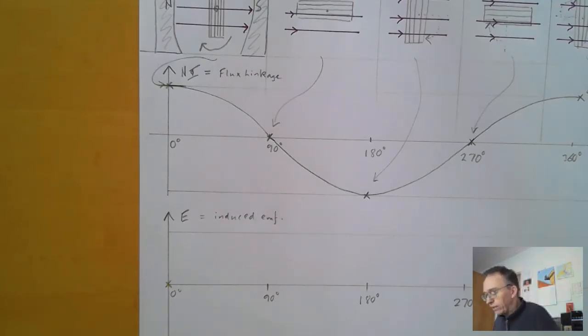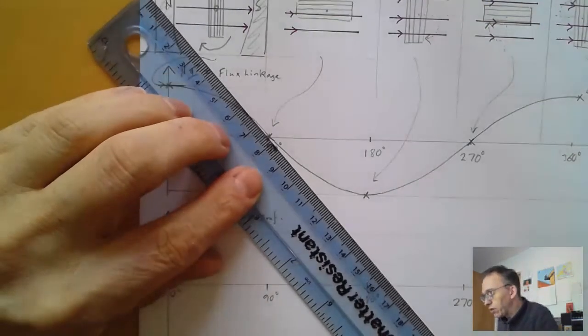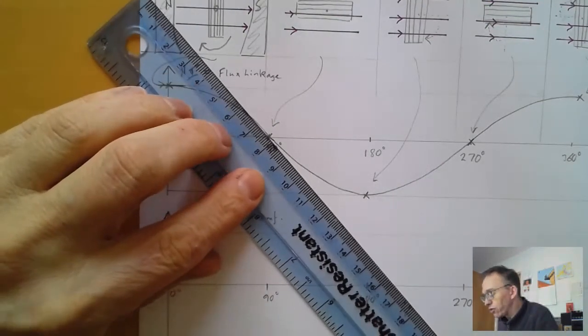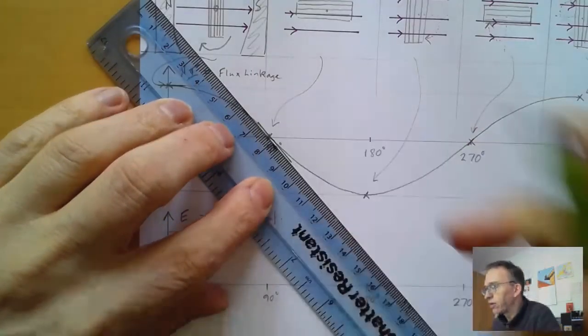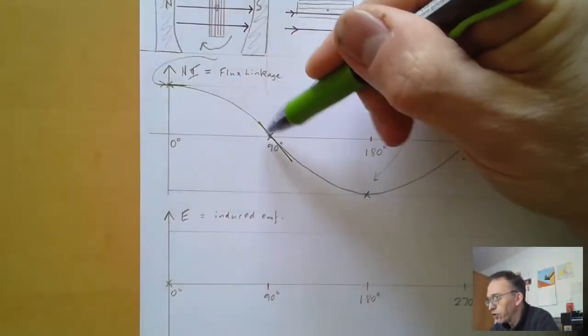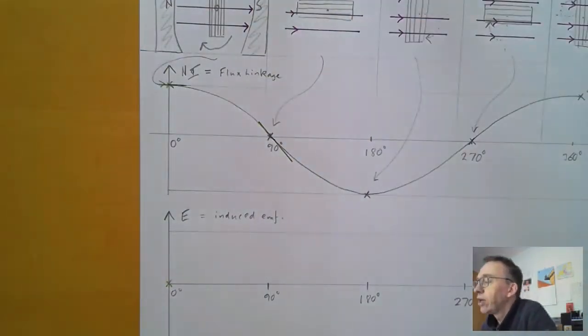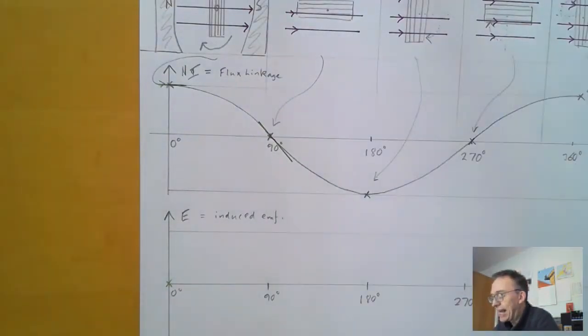Now, let's work our way through. At 90 degrees, the rate of change of flux linkage is maximum, because the slope of the graph is maximum. It's maximum and it's negative.